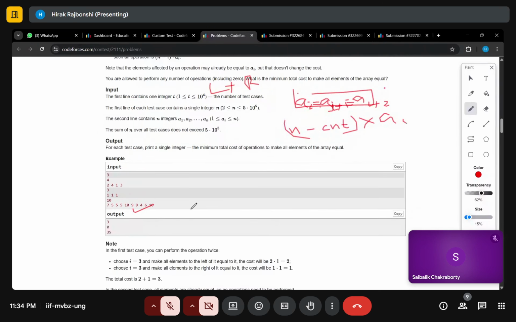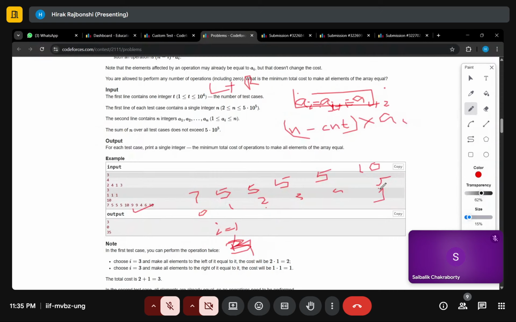Let's suppose in this case 7 5 5 5 5 10. When i equals 1, with 0 indexing, I initialize j equal to 1, both are equal, increasing count by 1. Then j equal to 2, again equal, so 3, again equal, so 4.